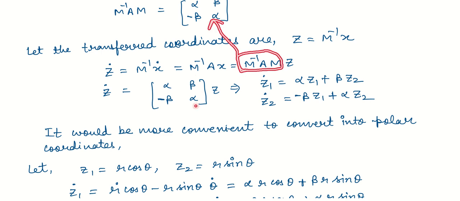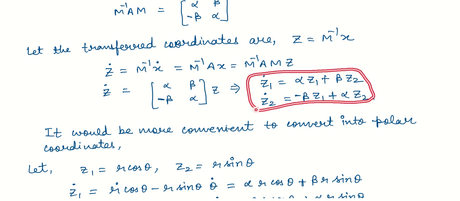So just put it here and multiplying with this matrix times Z, you will get Z1 dot is equal to this and Z2 dot is equal to this. So you can clearly see that this is a linear differential equation with cross terms. So it is not very easy to study this system.